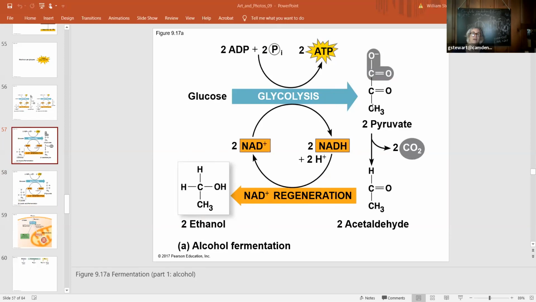But the pyruvate are not going to be converted into acetyl-CoA, and they're not going to go to the citric acid cycle. They're going to go through 2 more enzymatic steps and produce ethanol instead. Notice that the NADH that was generated during glycolysis is going to be used to produce that ethanol.